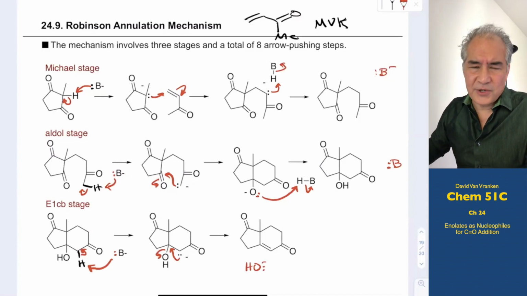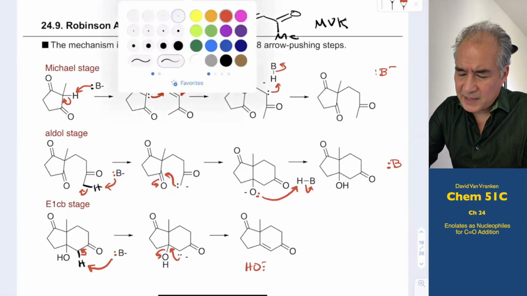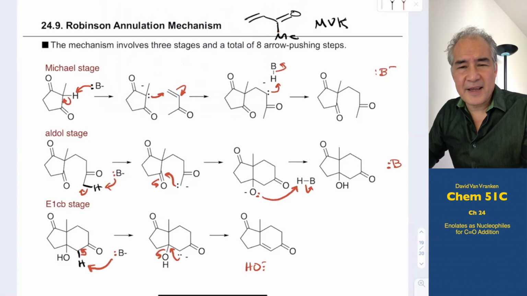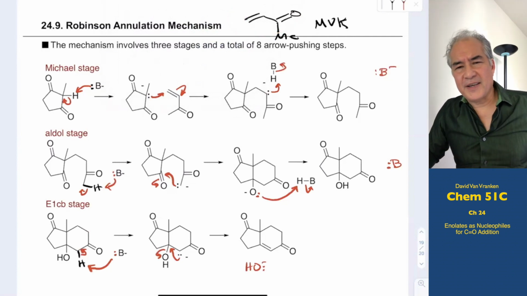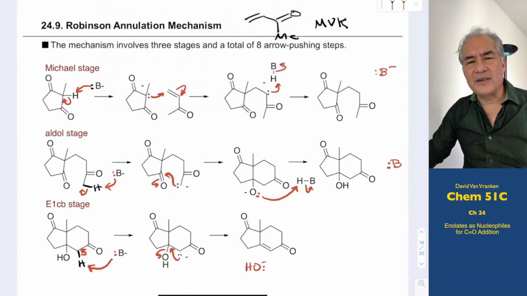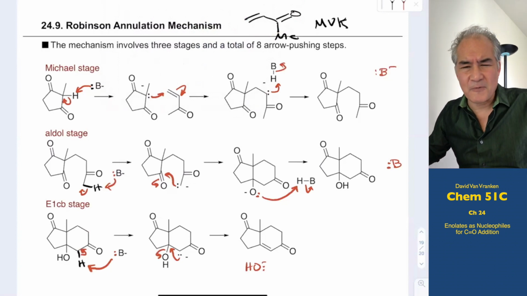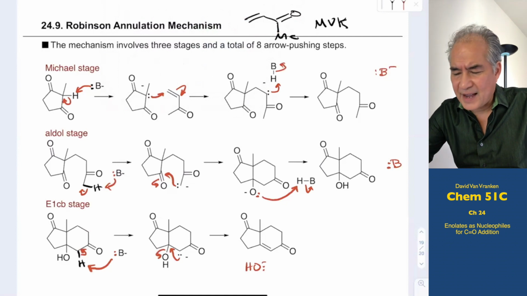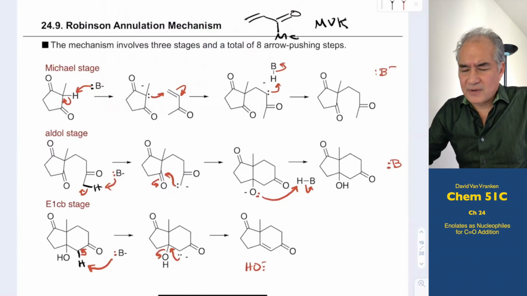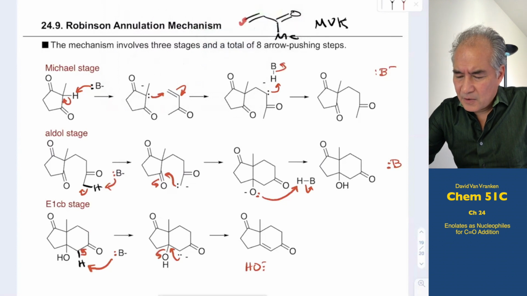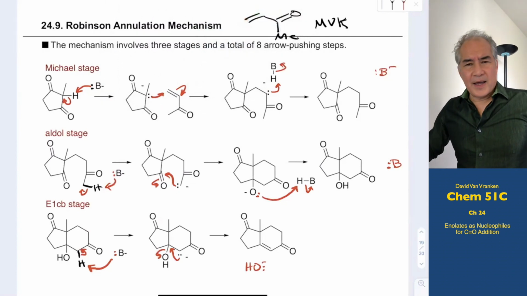But then in the end, we showed you that for these special types of enones, systems that look like that, you get conjugate addition faster, better than carbonyl addition. And that's with stabilized enolates. If you took just a regular unstabilized enolate, it would probably attack the ketone carbonyl instead of this beta carbon over here.